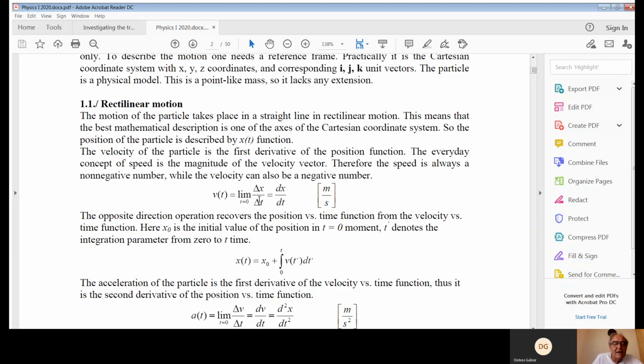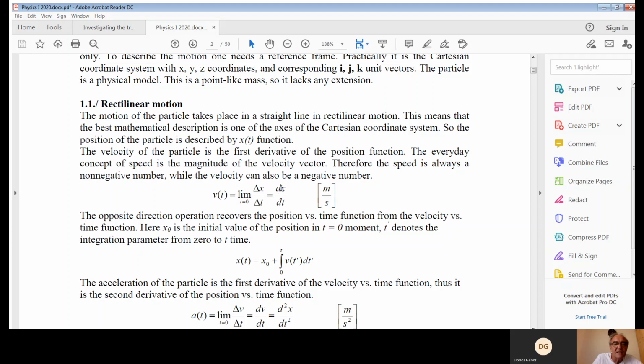In order to have an instantaneous velocity value, we have to make a mathematical operation which is called the limit. And in the limit, or limes, operation, the delta t goes to 0, and this is going to go to dx over dt.